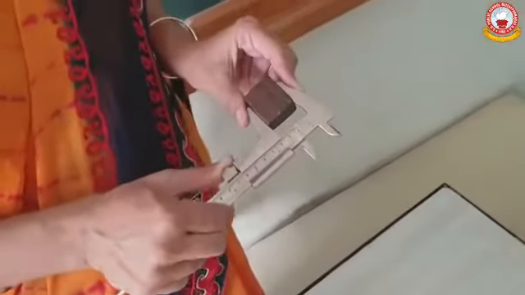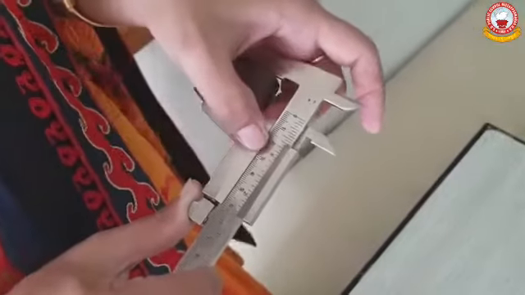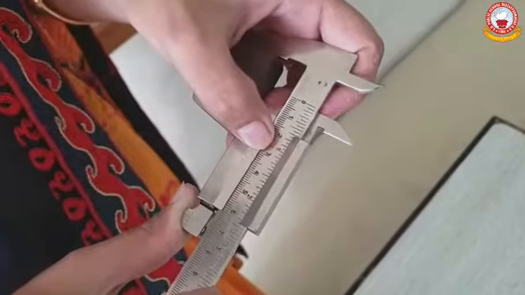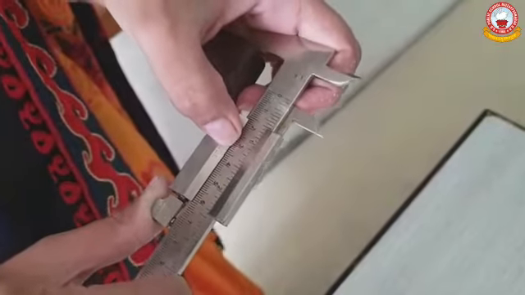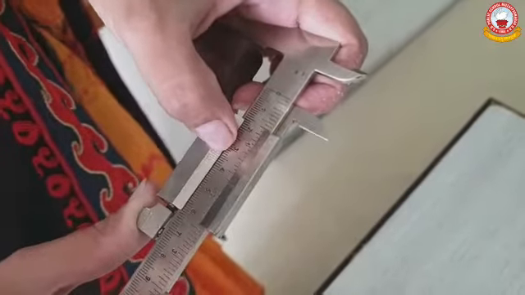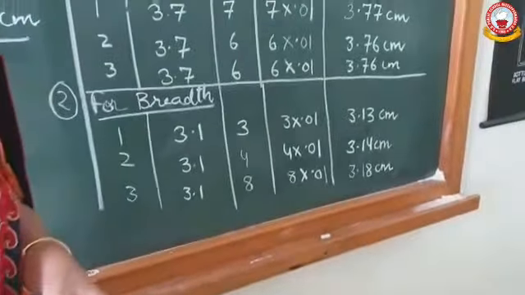Again I will fit it between the 2 jaws and measure the main scale division, which is coming out again to be 3.1. And the number of divisions coinciding is 4 here. So the breadth now comes out to be equal to 3.14.